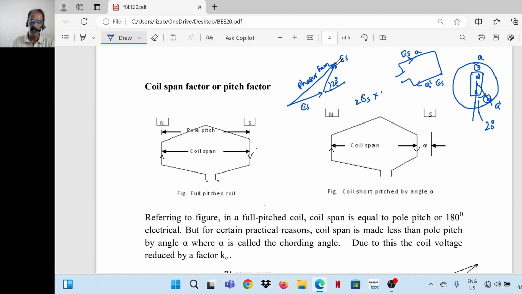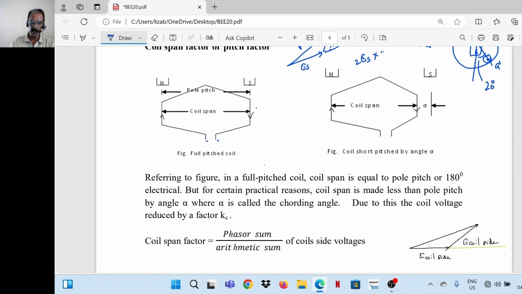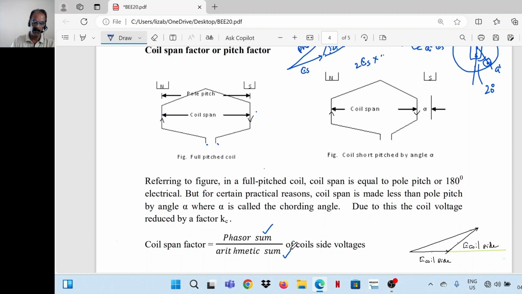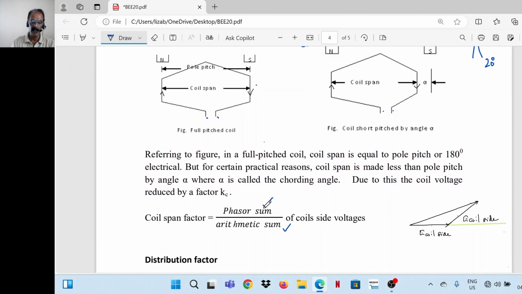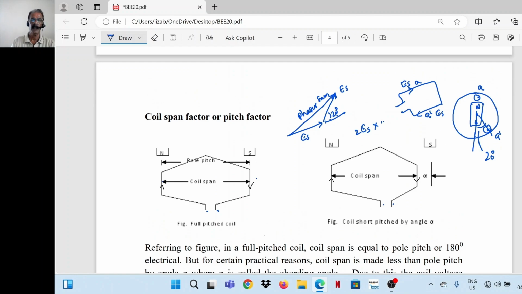To get the actual EMF, we multiply this with the coil span factor. Coil span factor is defined as the phasor sum divided by the arithmetic sum of coil side voltages. The arithmetic sum is ES plus ES, or 2 ES. The phasor sum, or the induced EMF in this case, can be obtained by multiplying 2 ES with the coil span factor. So coil span factor is the ratio of phasor sum to arithmetic sum of coil side voltages.